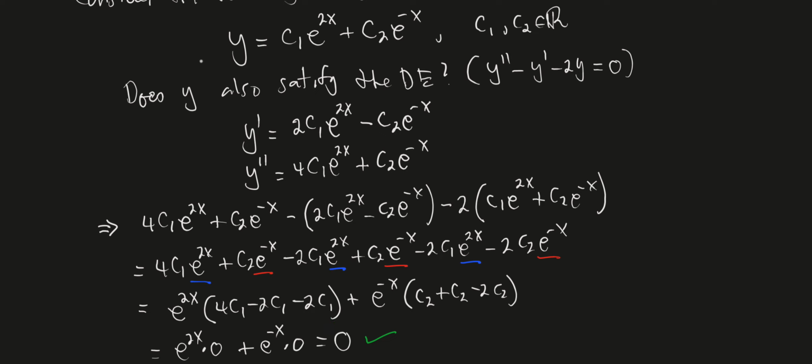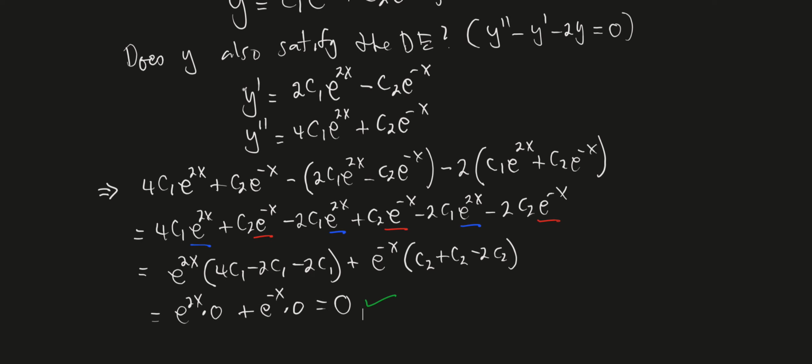And that is the power of these linear differential equations: once you find two special functions that satisfy the second order DE, you can use linear combinations to find your general solution. So any constant multiple of e to the 2x plus any constant multiple of e to the negative x will be a solution to this differential equation. And there's a very important theorem that tells us when that is possible.